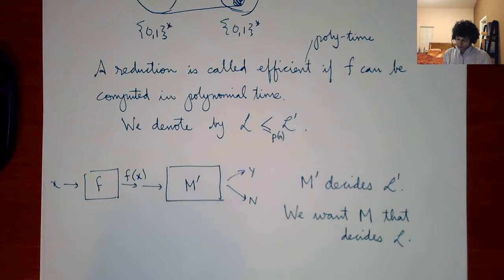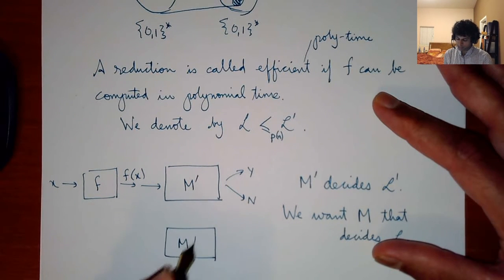You could imagine a different machine that uses M prime as a subroutine.